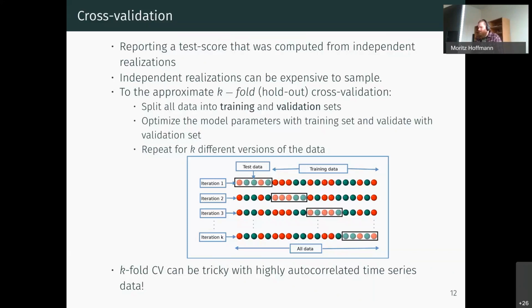And autocorrelations are bad for cross-validation because you then also get correlations between test data and training data. To minimize this, you have to select these chunks big enough that you don't have a lot of leakage of these autocorrelations into the training set, or vice versa. This depends on the lag time.